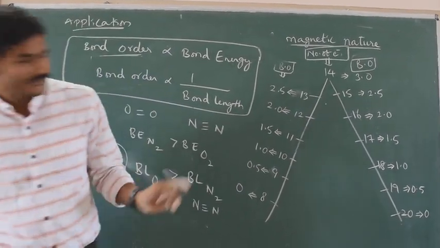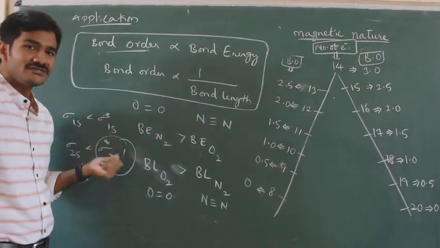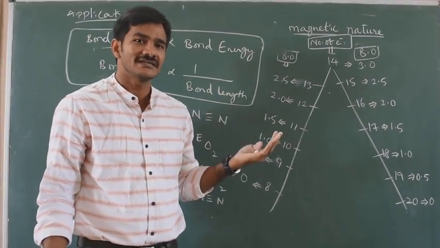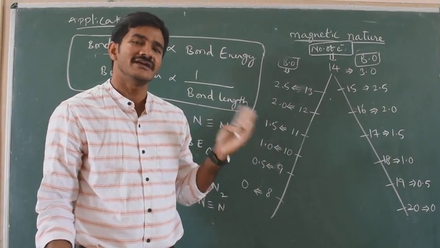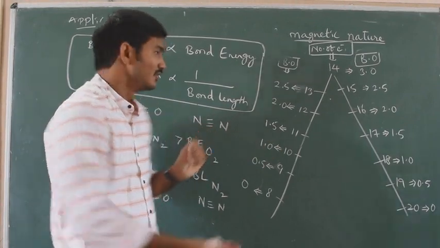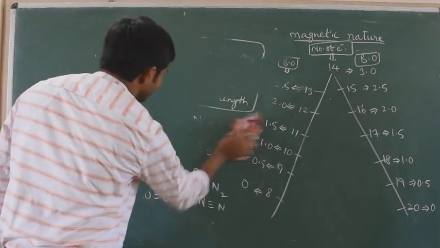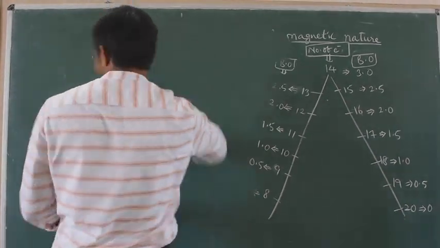So to find out the magnetic nature, we have to get the complete configuration and see where the electrons are, whether they are unpaired or paired, then decide paramagnetic or diamagnetic. Without that, we can find out the bond order and magnetic nature with a simple trick. I write it again here.